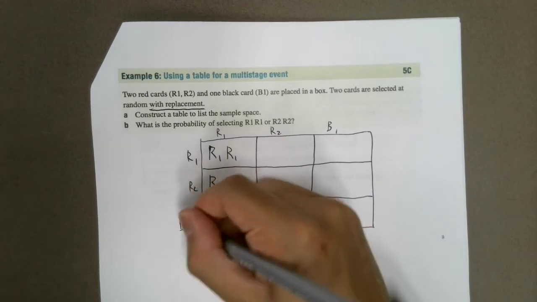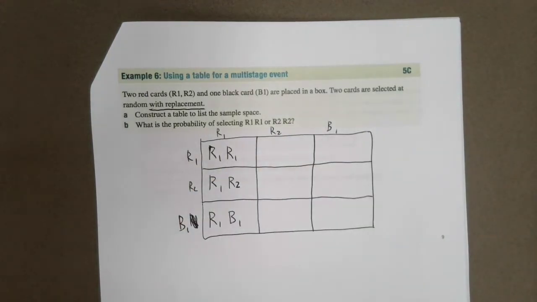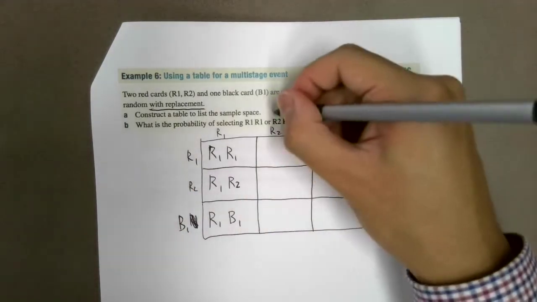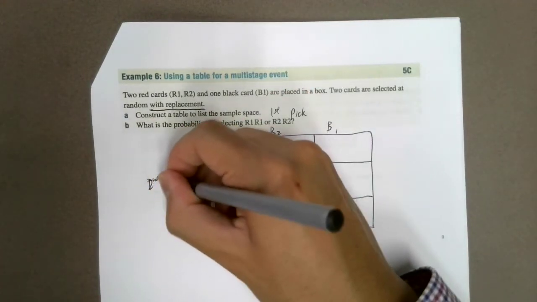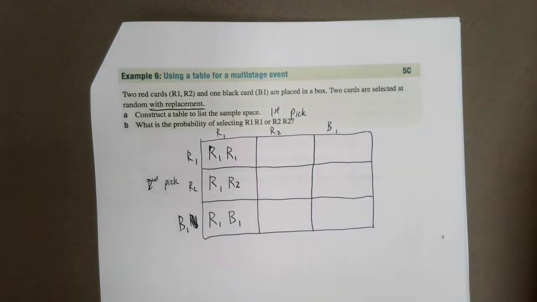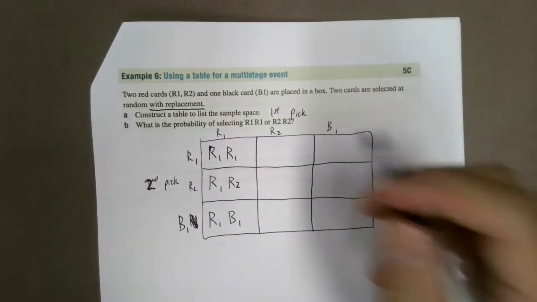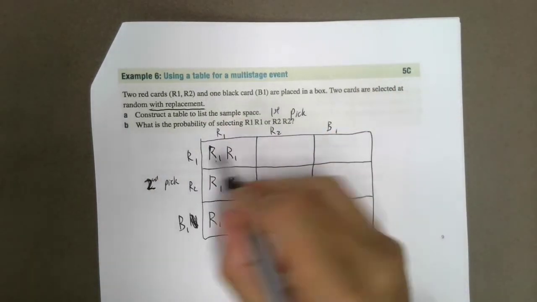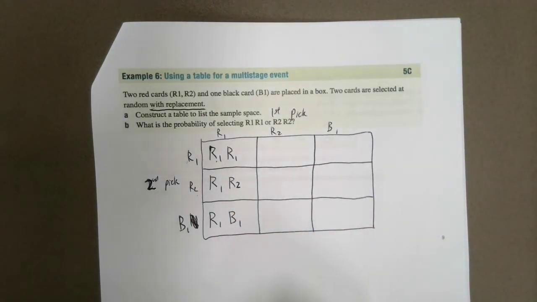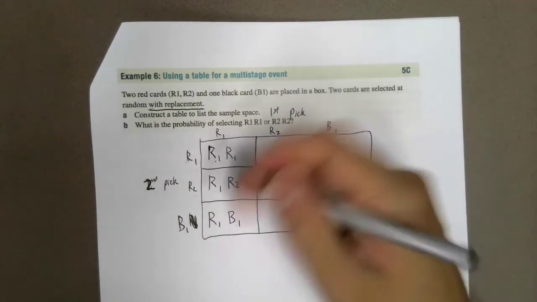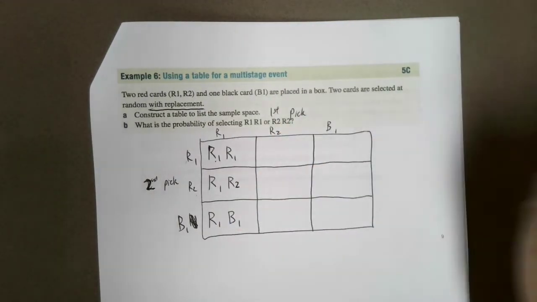Now, the reason I've drawn a 3x3 box is after we have our first pick, we need to follow it up with a second pick. Sorry, it's a little messy. Now, after we've picked our red one, we could pick another red one, or we could pick the second red one, or pick our first black one. But these are the only 3 options that can happen from this table.